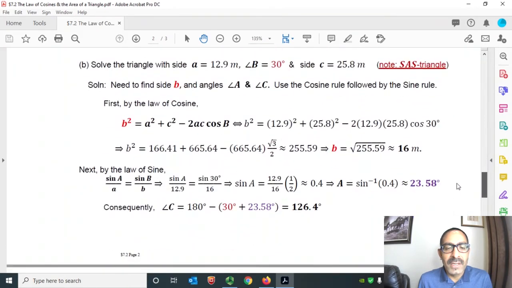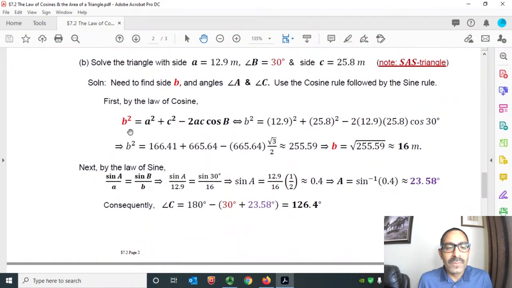So here, b squared equals a squared plus c squared minus 2ac cosine B. Then let's plug in the values. The next step, b squared as it is, a is 12.9 squared and c is 25.8 squared, minus 2 times a is 12.9, c is 25.8, angle B is 30 degrees, so cosine 30 degrees.